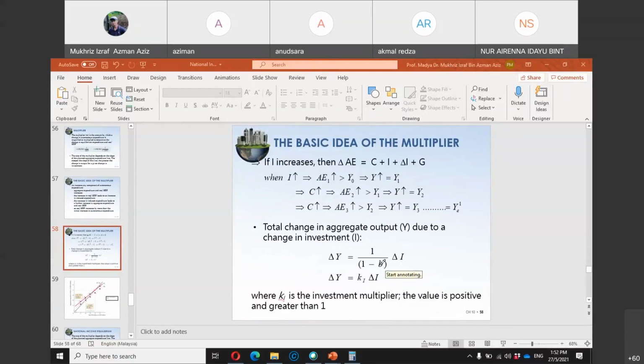The important thing is once you know the value of B, 1 divided by 1 minus B will be the value of the multiplier.